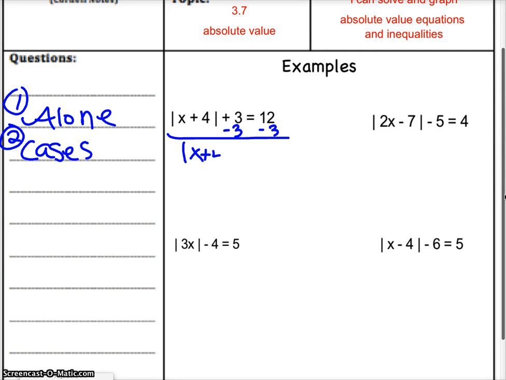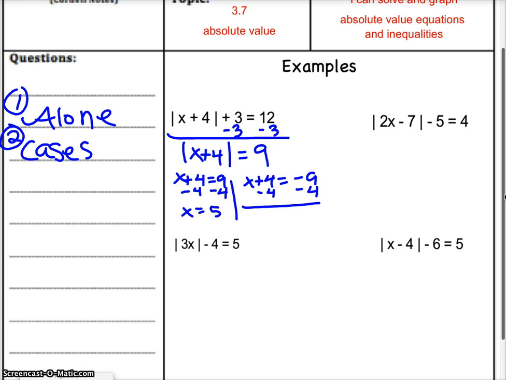Absolute value of x plus 4 equals 9. It's alone. Now I make my case. X plus 4 is 9. That's my positive. Or x plus 4 is negative 9. Minus 4, minus 4. X equals 5. Minus 4, minus 4. X equals negative 13.